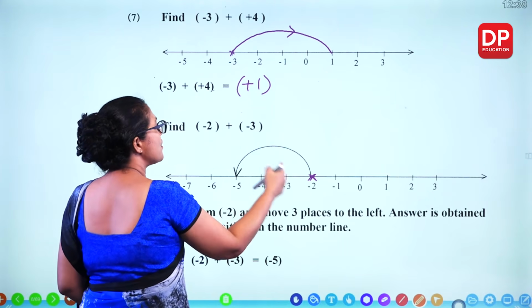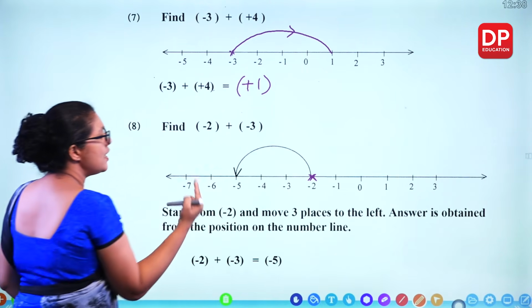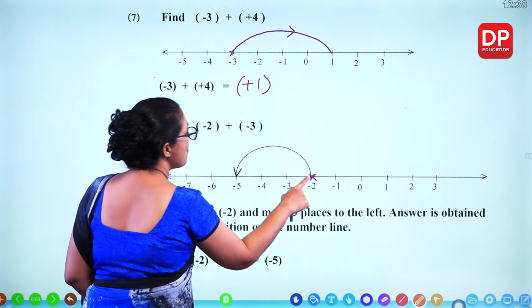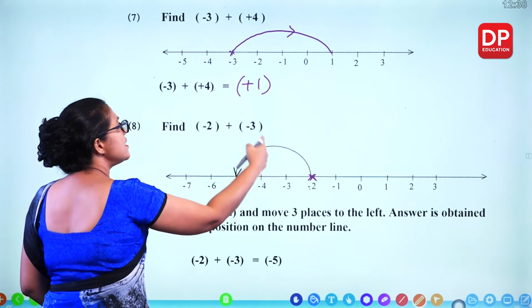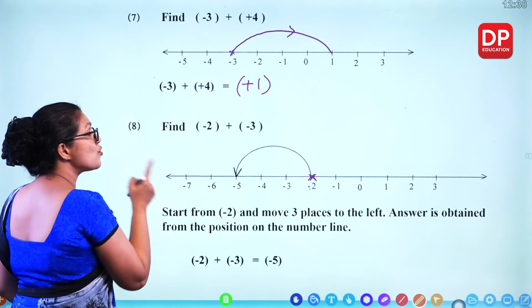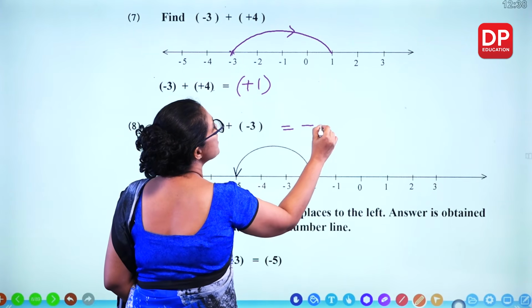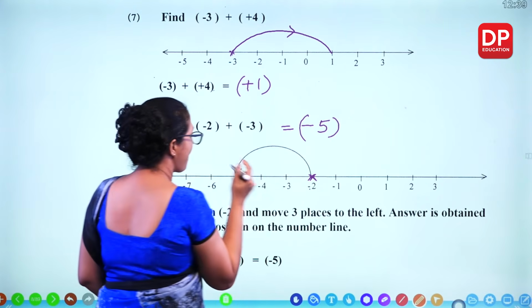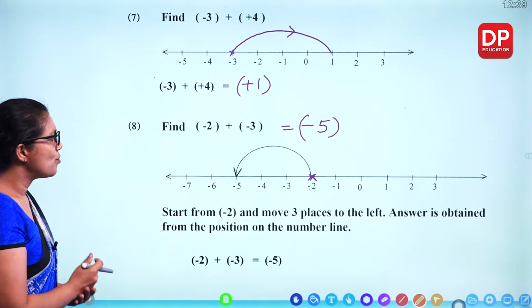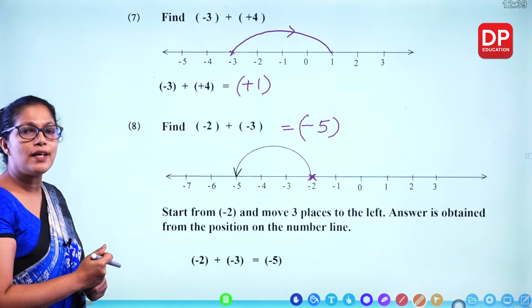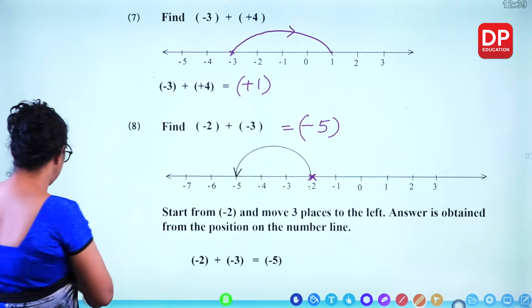So, another 3. 1, 2, 3 to the left side. So, what's the final answer? -2 adding 3 places to the left. So, final answer is -5. So, start from -2 and move 3 places to the left. Answer is obtained from the position on the number line.